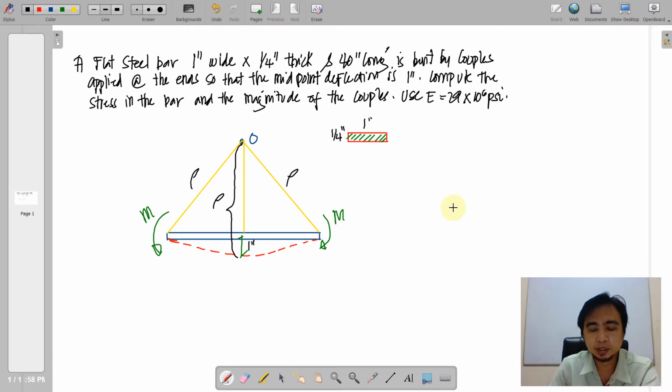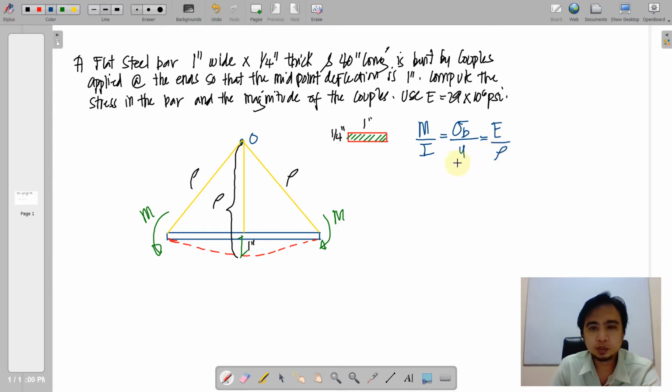Okay, so we would like to utilize those dimensions in order to come up with the couple as well as the bending stress. In our derivation last time, we have a general equation on the bending moment, relating it to the flexural stress. It is in terms of this equation: M over I, flexural stress over Y, is equal to E over rho.